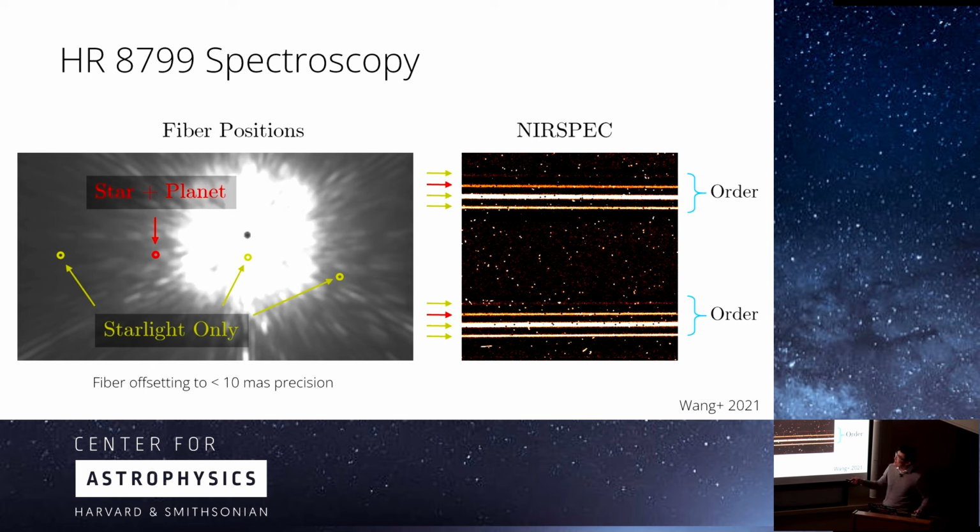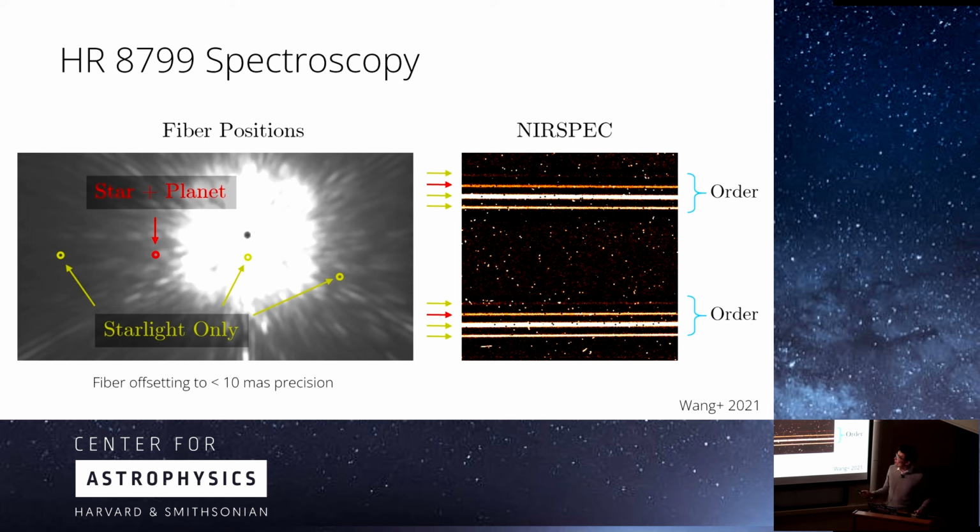As you can see, this is not easy. We can't see the planet in our tracking camera images. What we have to do is have a known orbital ephemeris of the planet, and a good enough astrometric solution for our tracking camera that we can blindly offset the star relative to where we know the fiber should be, so that the planet light is injected into the fiber that we see here.